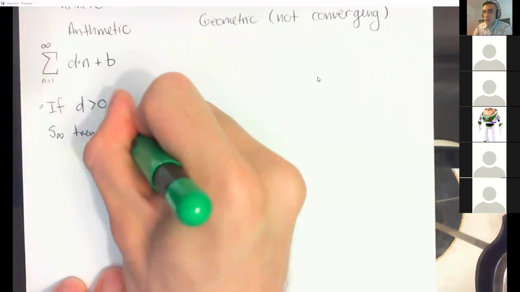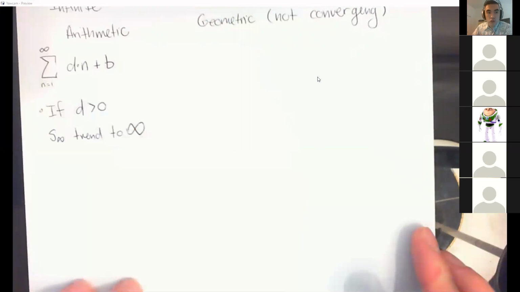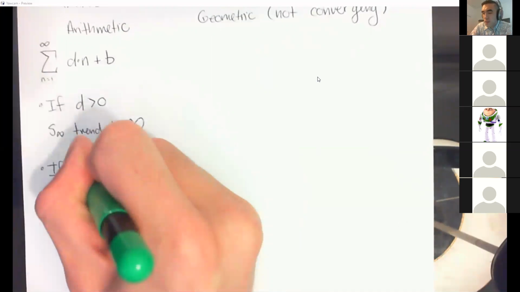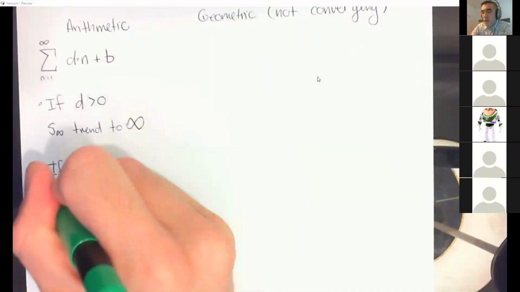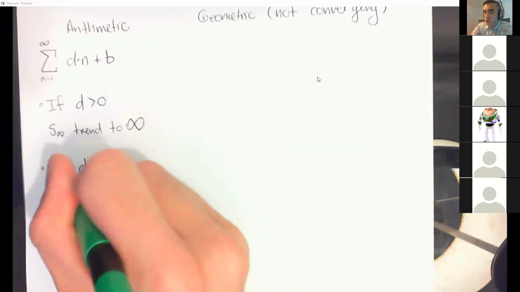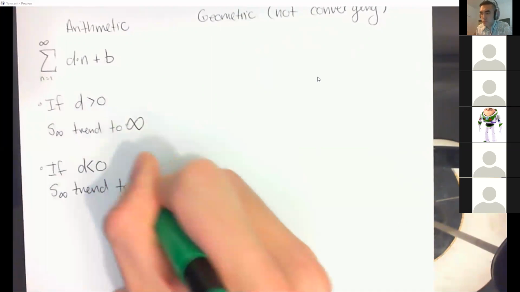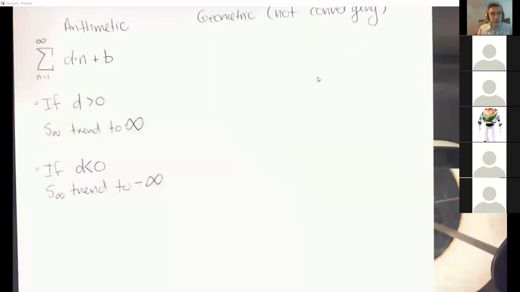So if the common difference is positive, it'll trend to positive infinity. But if the difference is negative, then S sub infinity will trend to negative infinity. Is that okay? That's all I have to say on that.